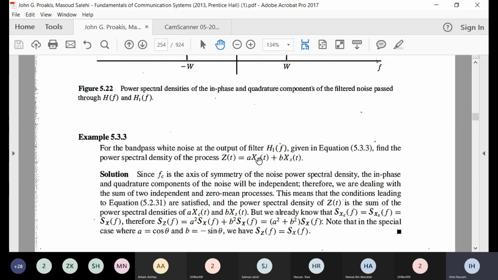You know the PSD of the quadrature and the in-phase components are the same, as we see, both have height N naught. So I can just replace them by S_X. A squared and B squared, S_X is common, so this becomes A squared plus B squared. So for a sum process, I can write the output as A squared plus B squared times S_X of f.